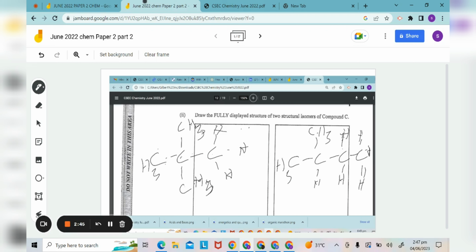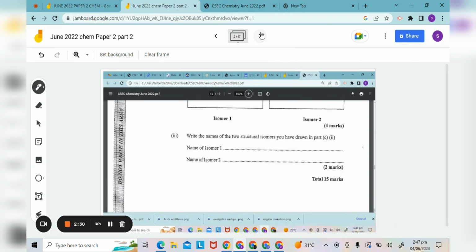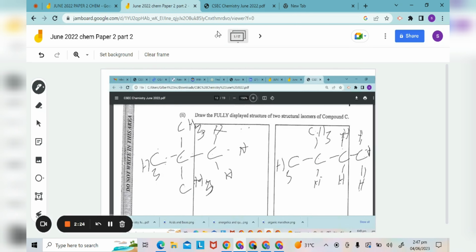Remember, you have to draw out your hydrogens. So that's 5 carbons and 12 hydrogens. Okay? And that's how we get our isomeric forms for this species. All right? Then now it says write the names of the two structural isomers you have drawn. And let's just go back so we can give them their names.